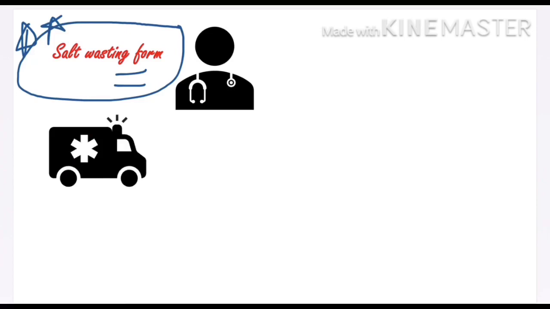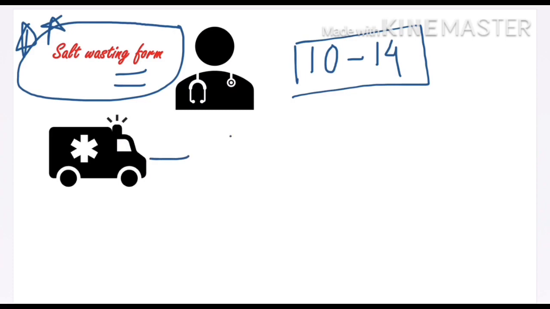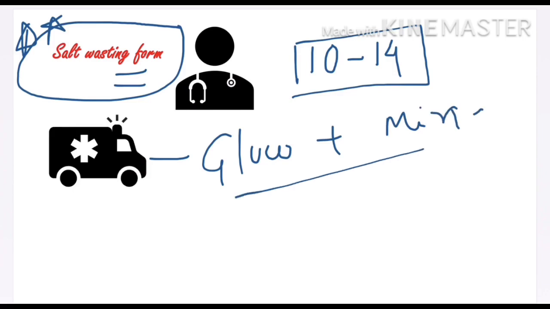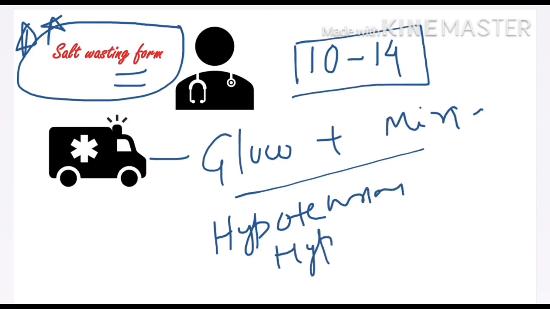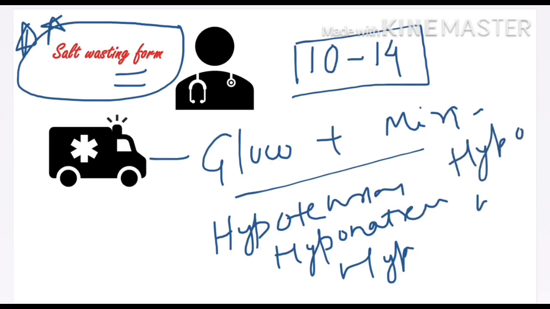Usually this child presents in emergency at 10 to 14 days with manifestations of glucocorticoid deficiency plus mineralocorticoid deficiency, that is, hypotension, hyponatremia, hyperkalemia, hypoglycemia and weight loss.